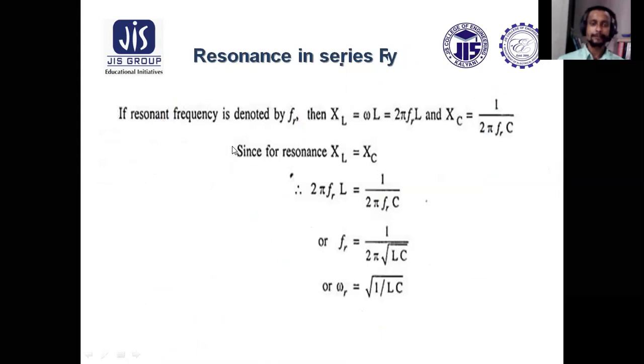Let us denote resonant frequency by FR. Now, this formula is well known to us: XL equals omega L, where omega is angular frequency, and the formula for angular frequency is 2 pi f. Now at resonance, the frequency is FR, that is resonant frequency.